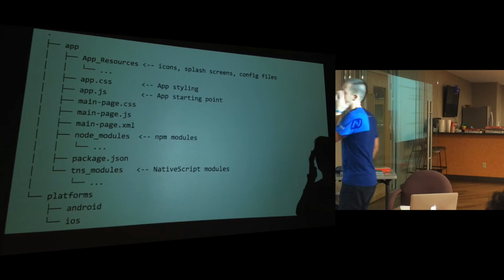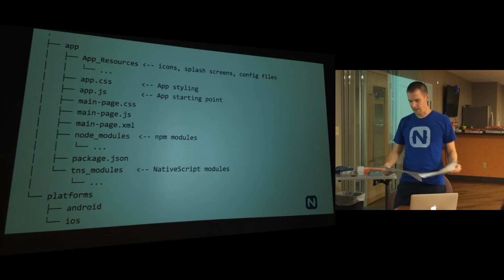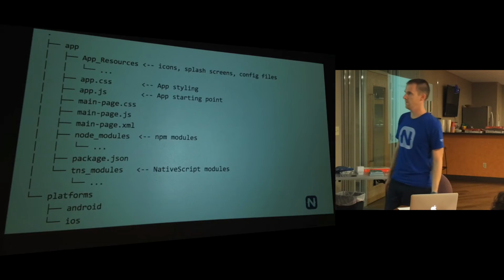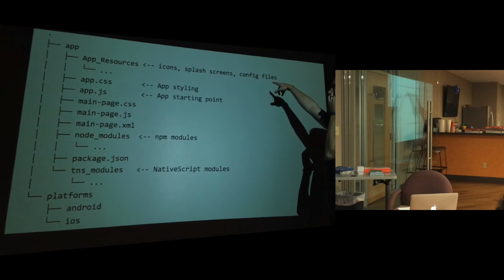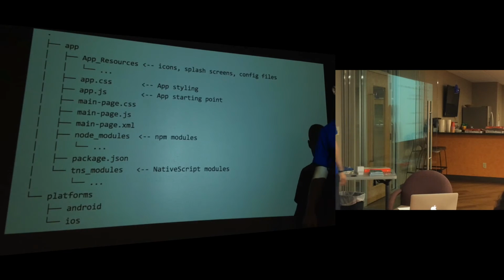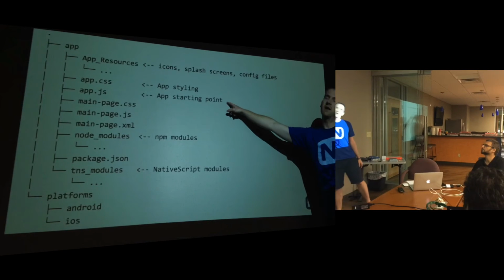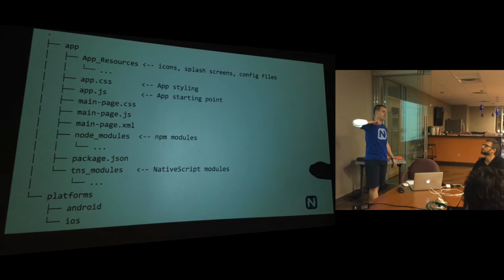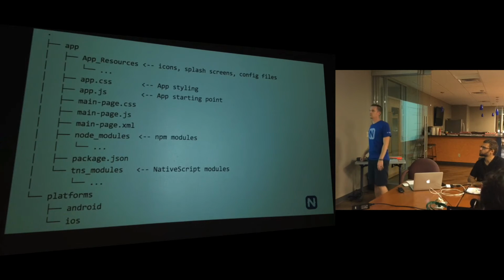Just some housekeeping as far as how the apps are structured in the folder. Resources for your app, CSS for your app, because it's, you know, HTML and JavaScript. App.js is always going to be your starting point for your application. You'll have application.start in there basically.